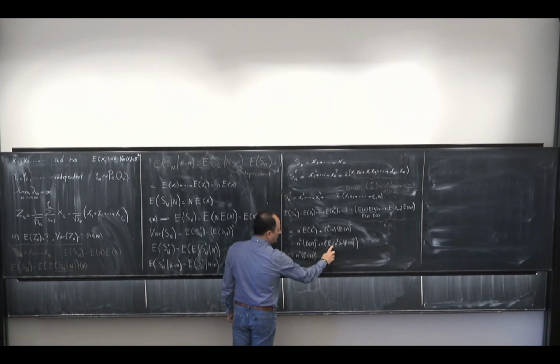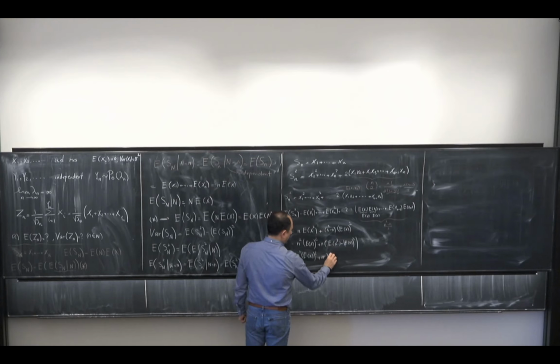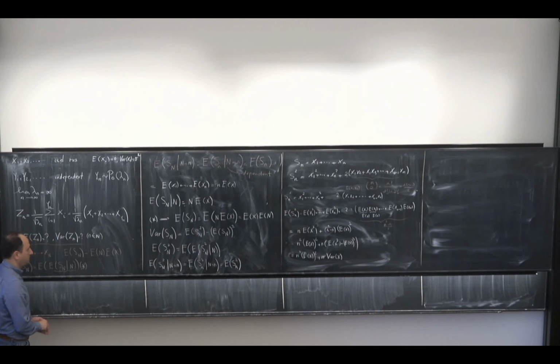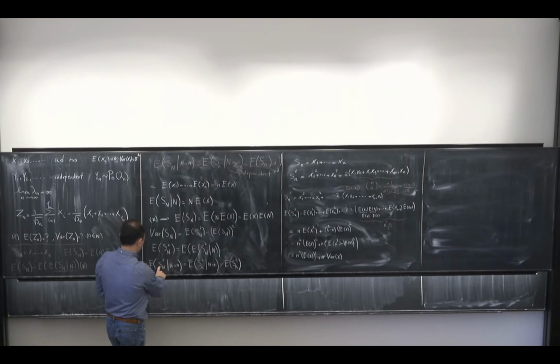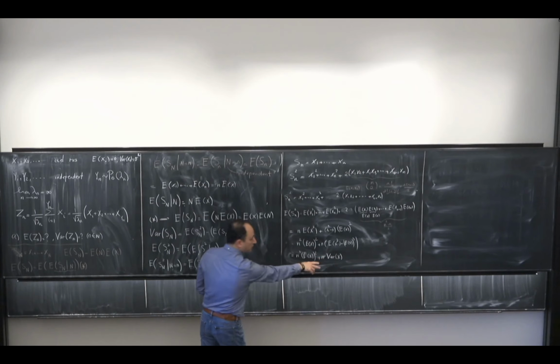But this one is the variance of x. Yes? So I was able to show that this expression is this one, and this is this expression. Is there any question up to here?